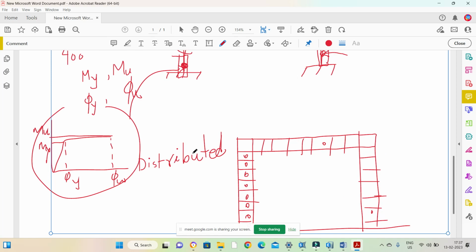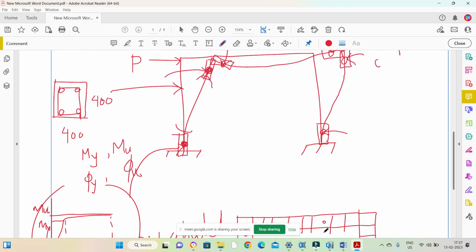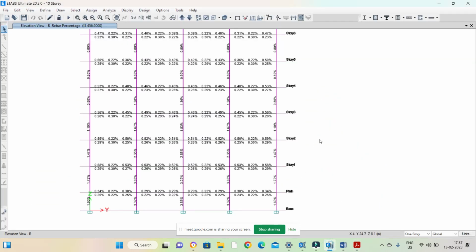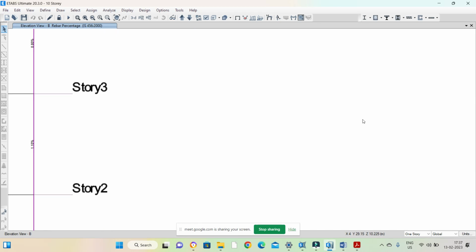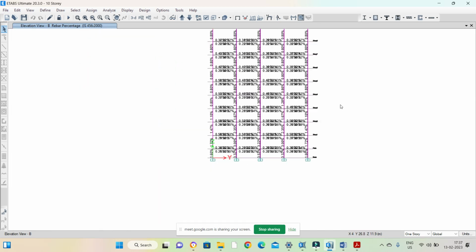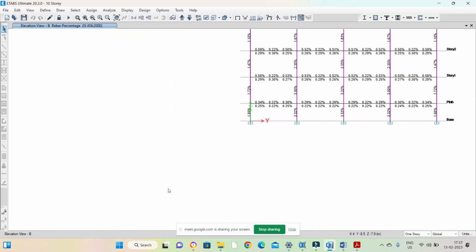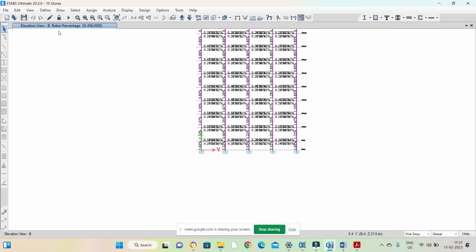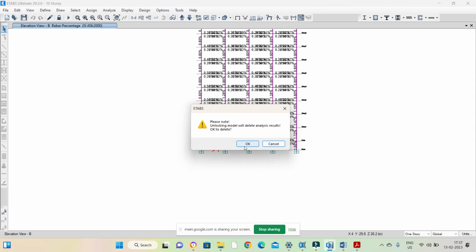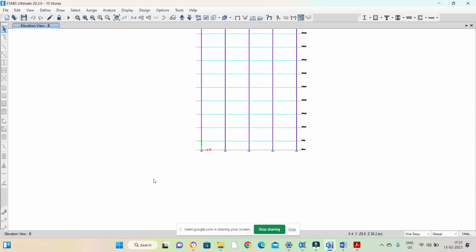So now if you understand this one, let us go back to our ETABS model and we'll see how we can define this. You can now unlock your model. See, there is one thing I told in the previous discussion.